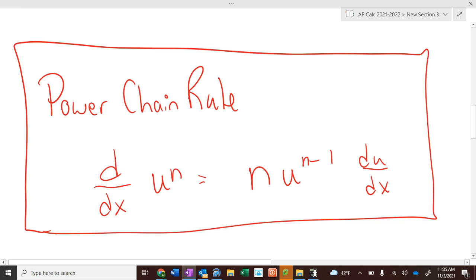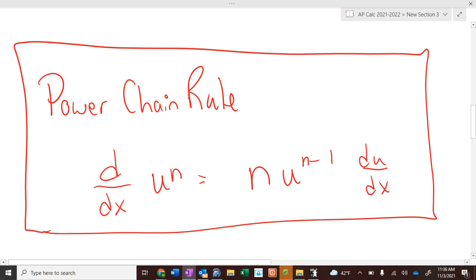That's basically what we did up above, right? Because we did put the number in front, the original function, minus 1 to the power, and then took the first derivative of the inside. Basically, that's what the chain rule is. That's the basics of the chain rule.